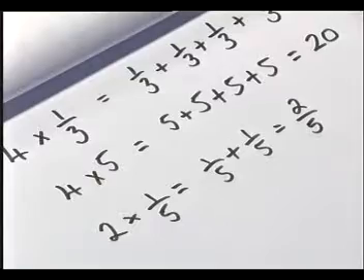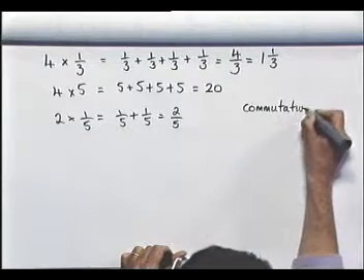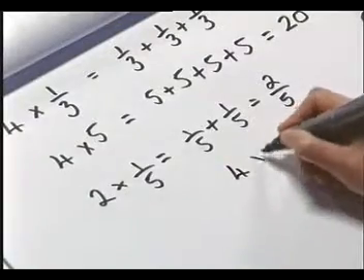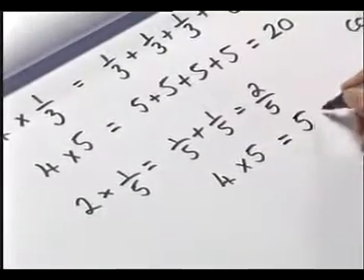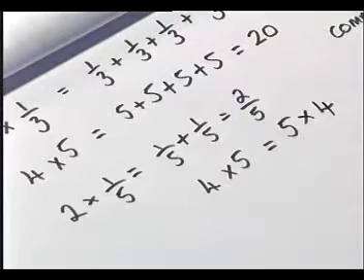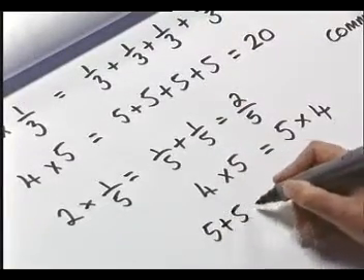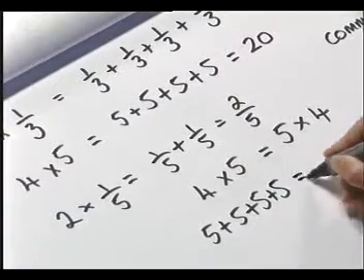Now, multiplication is commutative. I'll just write that word down, commutative. Now that means in our normal multiplication that 4 times 5 is exactly the same as 5 times 4. Our 4 times 5 was 5 plus 5 plus 5 plus 5.